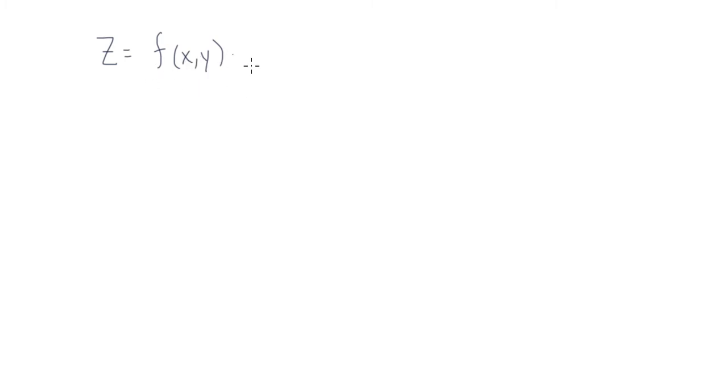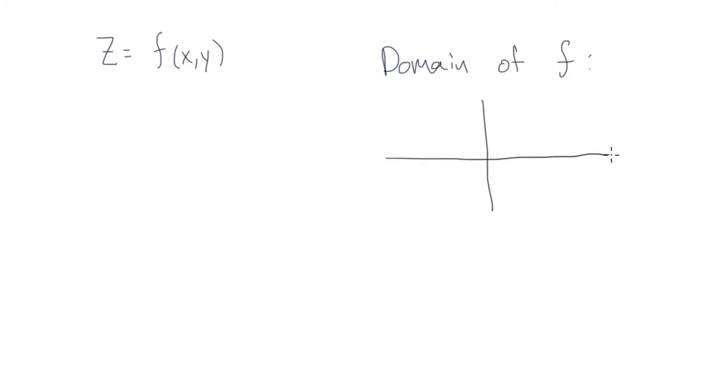So this function is going to have a domain. So domain of f is going to be some subset of the plane, because for each pair x and y, I'm going to assign a scalar.